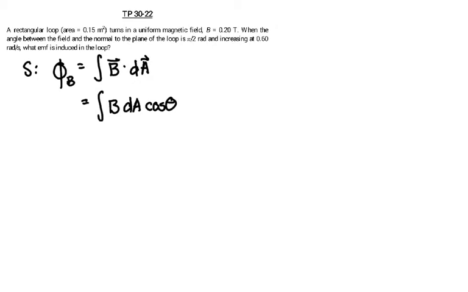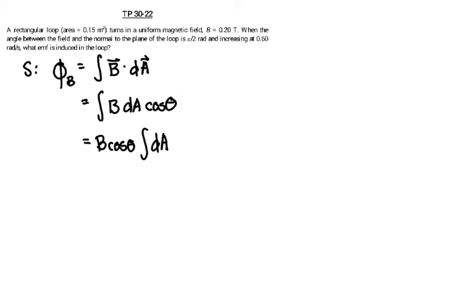But the angle of our loop is not dependent on anything to do with the area. So we can take both our magnetic field and we can take our cosine of theta term out of the integral and put it out in front. And all we're left with is the sum of all of our little differential area chunks inside our loop.